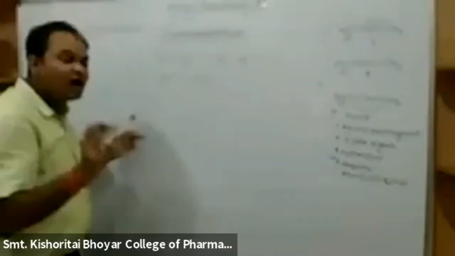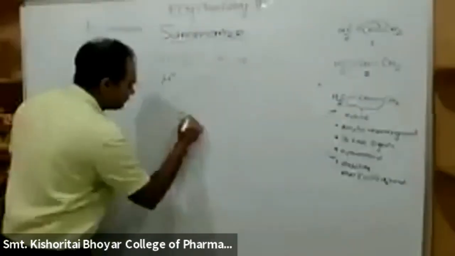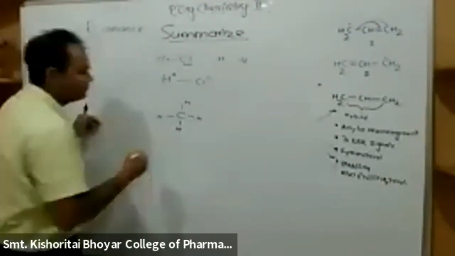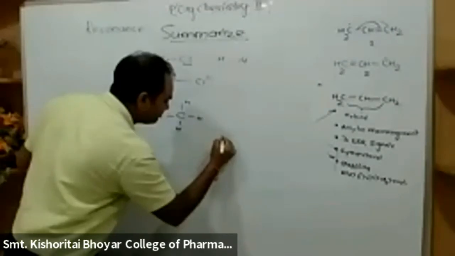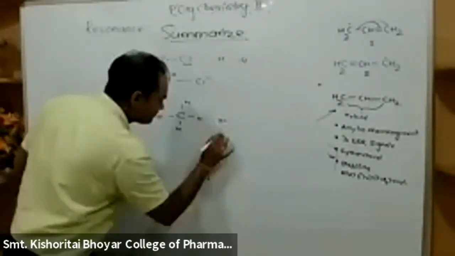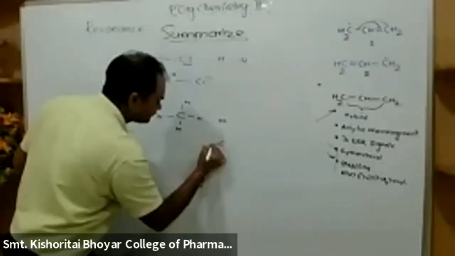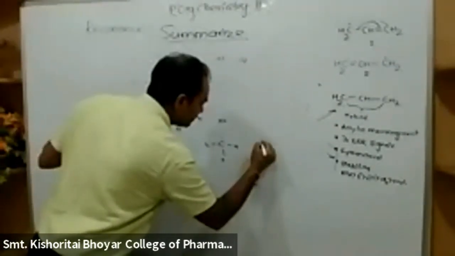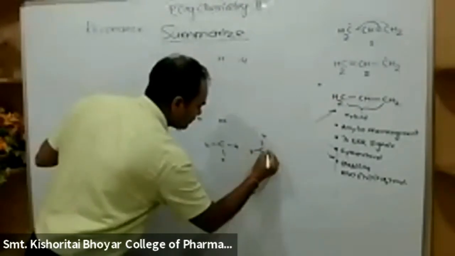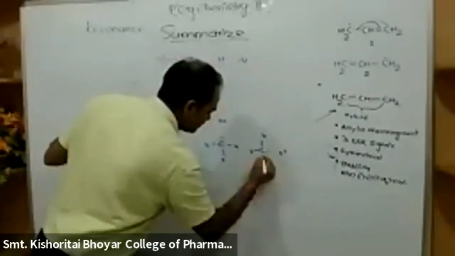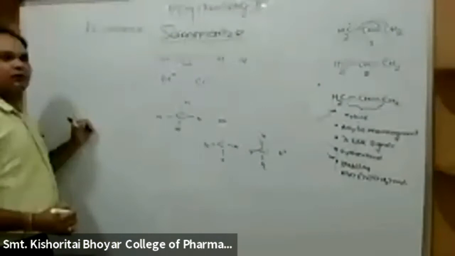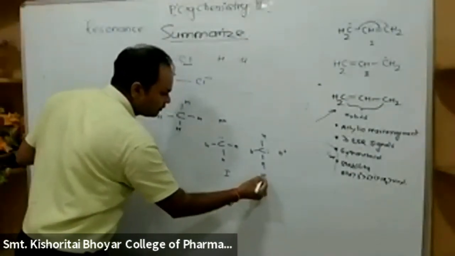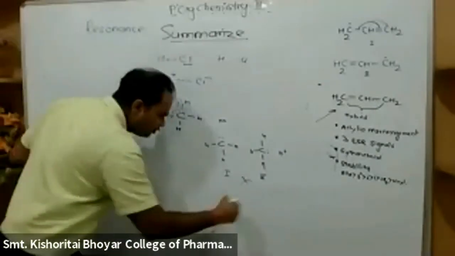Now in the case of the methane molecule, we already drew the structure of methane like this. You can represent the methane molecule like 1 or 2. But it is of no use, ignore it.